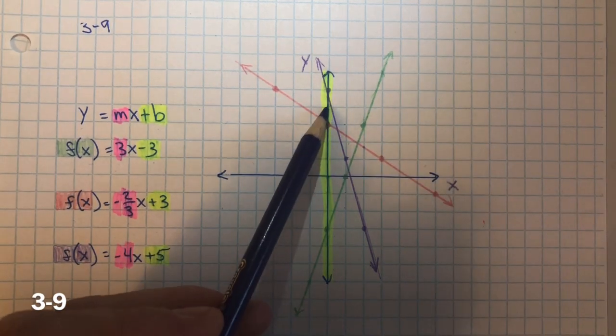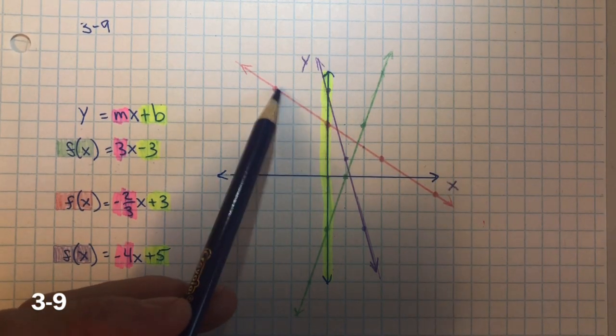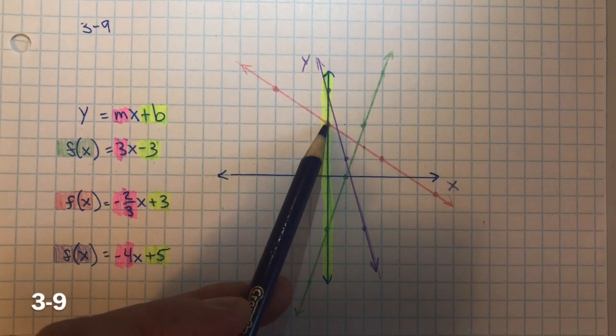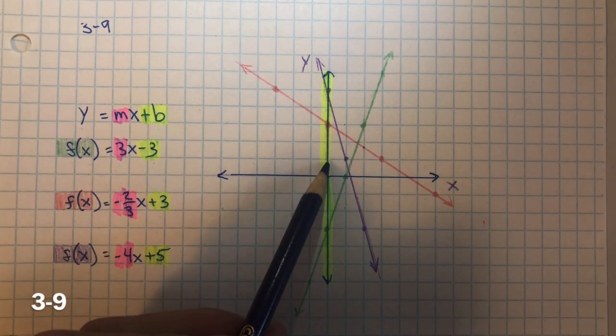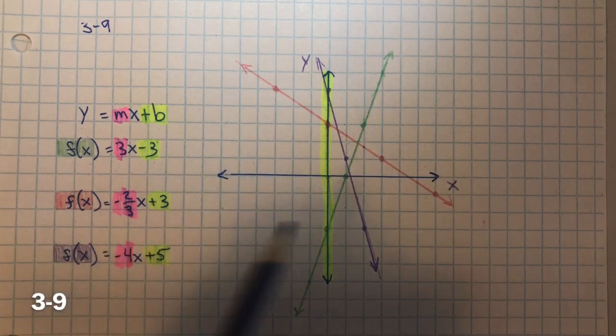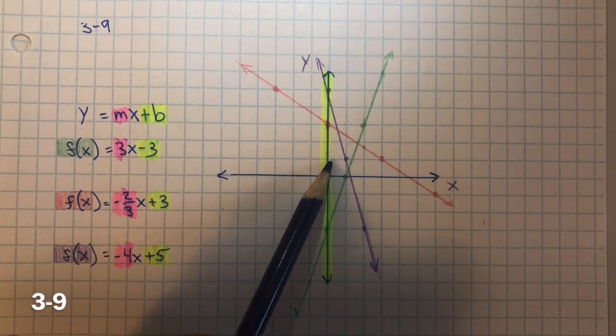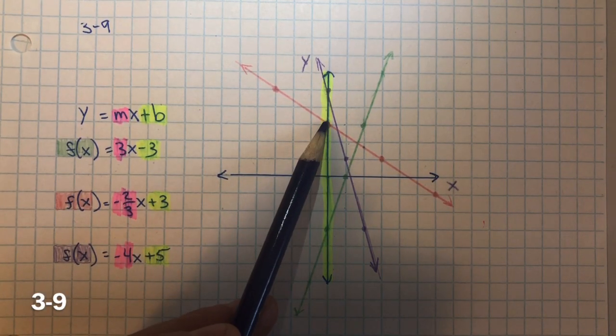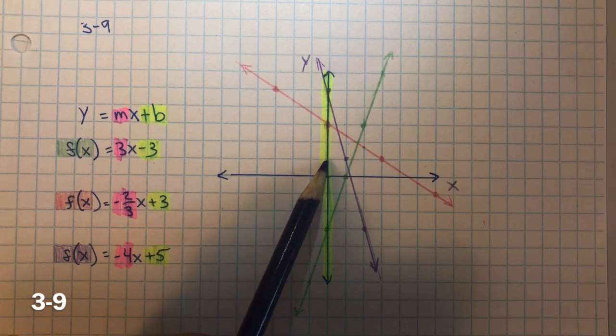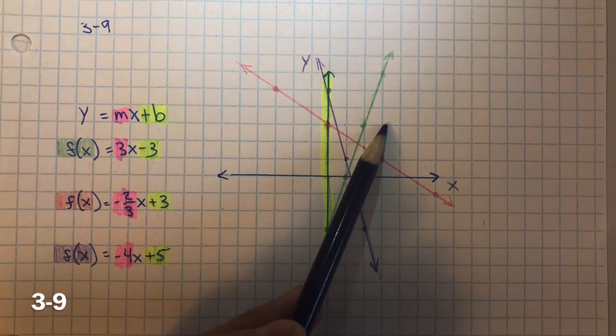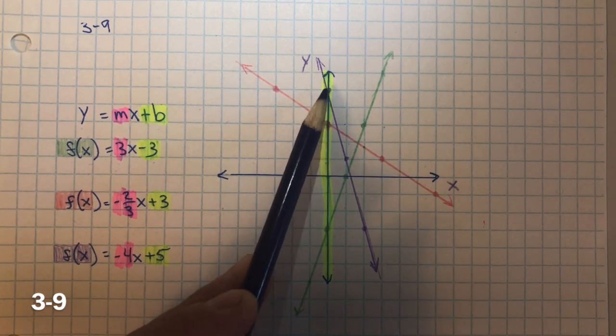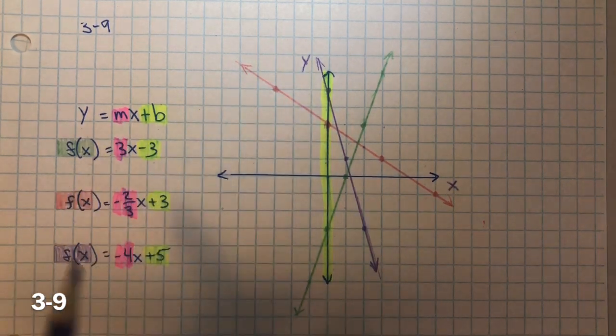So I can do +2, -3, or I could do -2 and +3. As long as one is negative and the other one's positive, it doesn't matter. The rise could be -2, +3, or +2, -3.